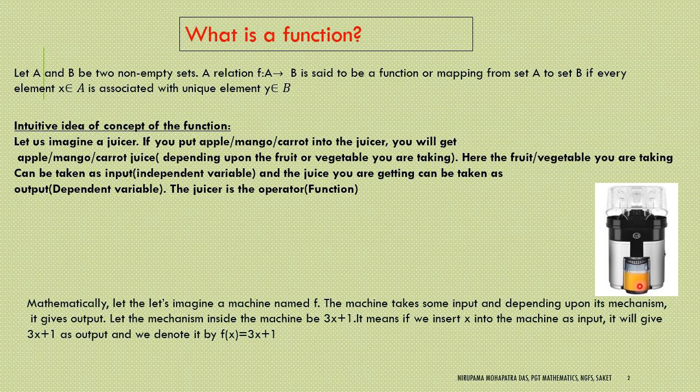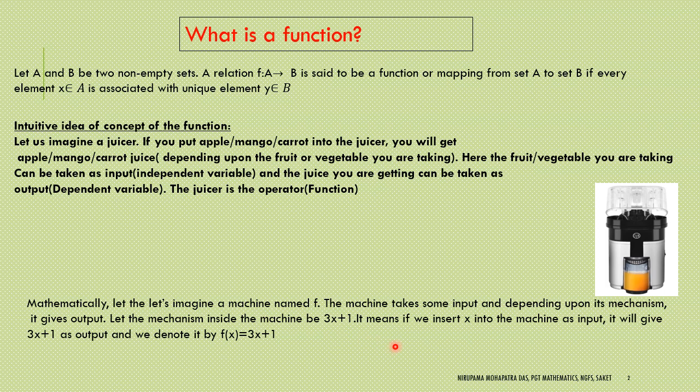Mathematically, let's imagine a machine named F. The machine takes some input, and depending upon the mechanism, it gives output. Let the mechanism inside the machine be 3x plus 1.